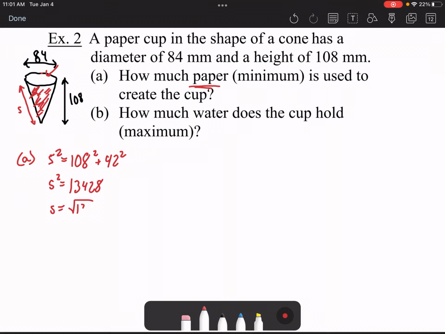We're going to square root this value, and we get approximately 115.879.